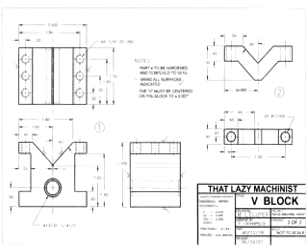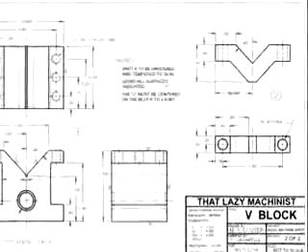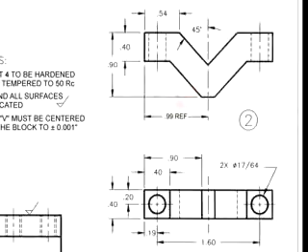For an example of a reference dimension being used because of the never repeat law, let's take a look at the clamp of this detailed drawing of our V-block project. We can see here that the 990 thousandths of an inch dimension is marked as reference by using the REF suffix, which means reference.